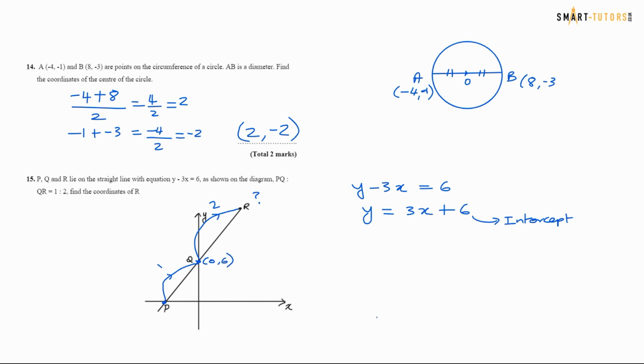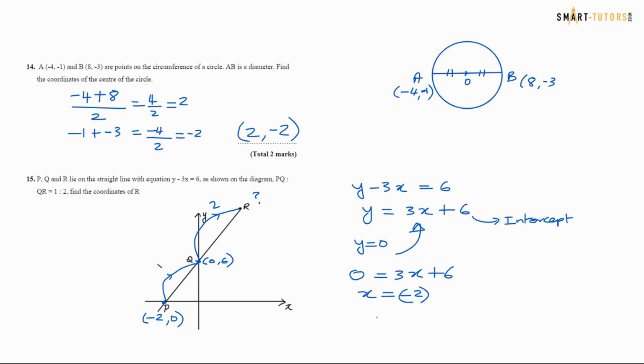In order to find the P coordinates, I'm going to put y equals 0 in this equation, because on the x-axis all the y coordinates are 0. So 0 equals 3x plus 6. So x equals minus 6 over 3, so minus 2. So P is minus 2 comma 0.